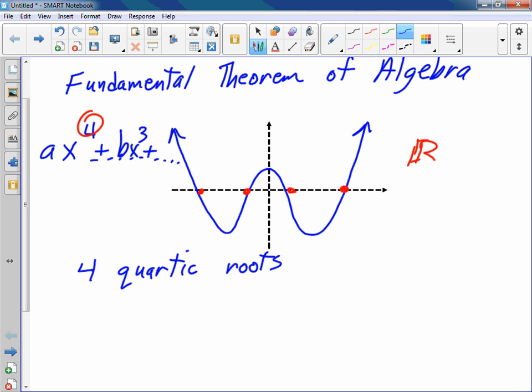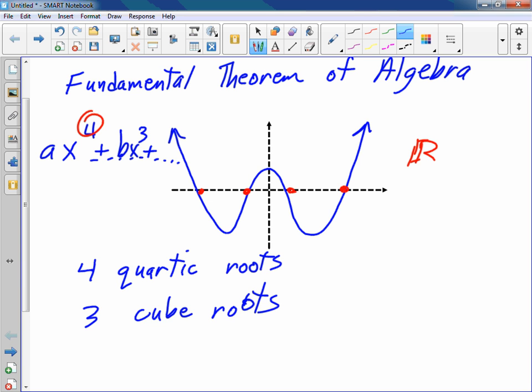By the same token, a third degree polynomial would have three cube roots, and two square roots if it was a second degree, et cetera.